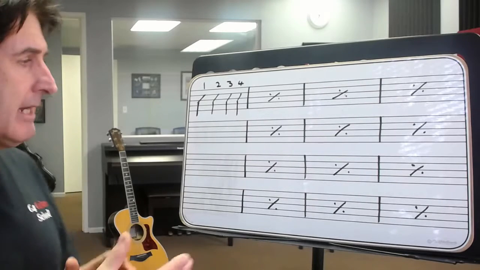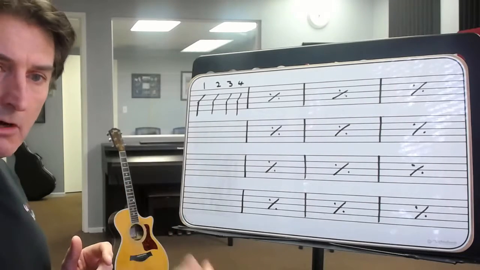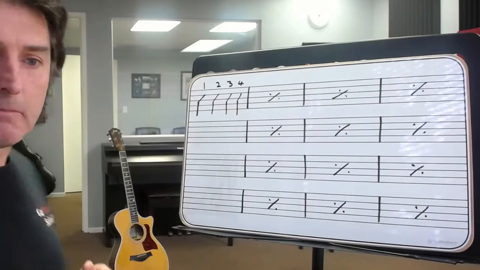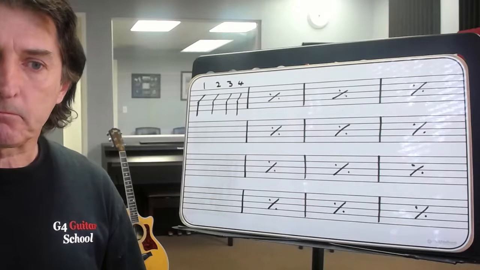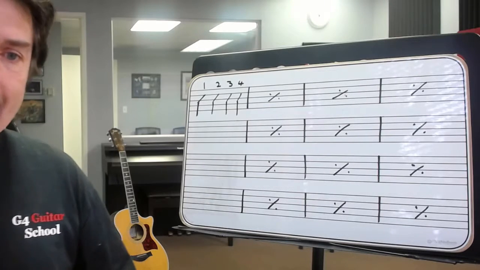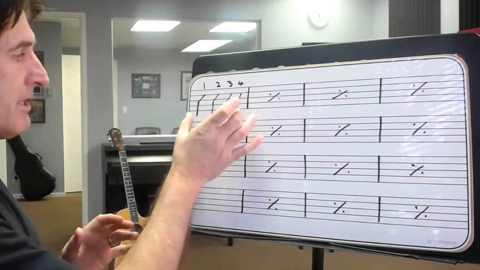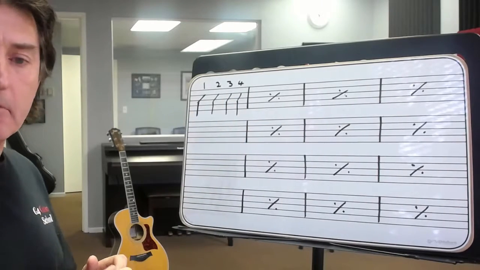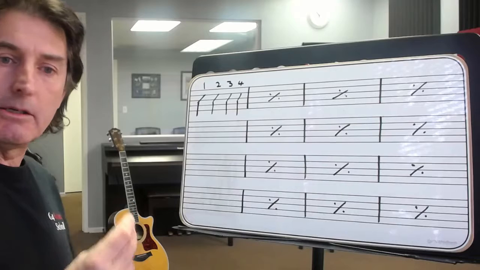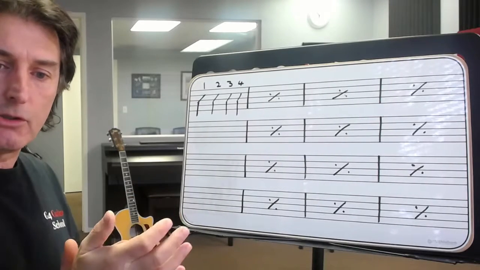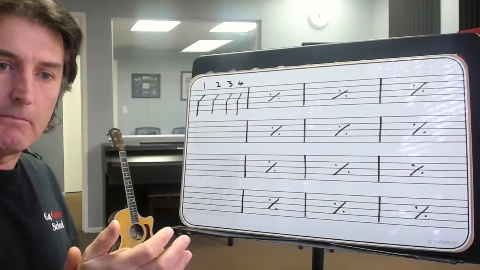Each clap is going to match to a click on the metronome, and each clap is going to tie to one of these quarter notes. So let's try this together. I'm going to count for us, and you guys are going to clap. We're going to clap this bar one time. Here we go. 1, 2, 3, 4, and 1, 2, 3, 4.